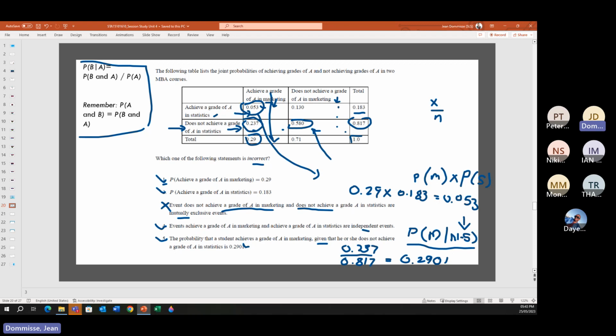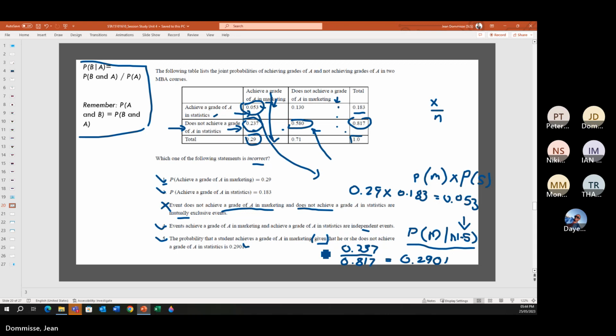Also on independent events, they are testing if we know what independent events mean. And they asked us to look at the probability when one event is given.